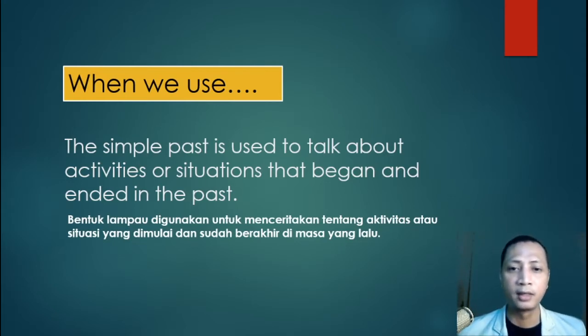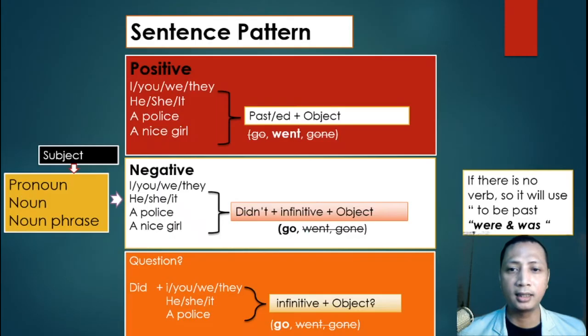Okay, here is the pattern. There are going to be three patterns: positive, negative, and question as well. But before I explain this one, all the tenses in English have a pattern.